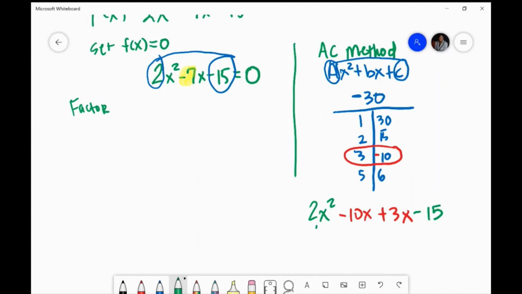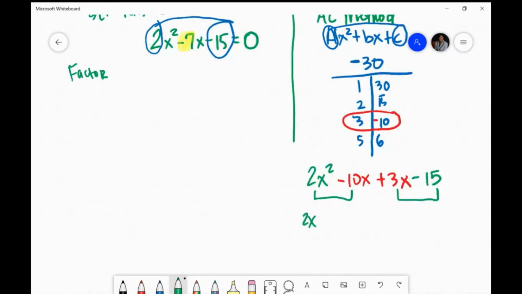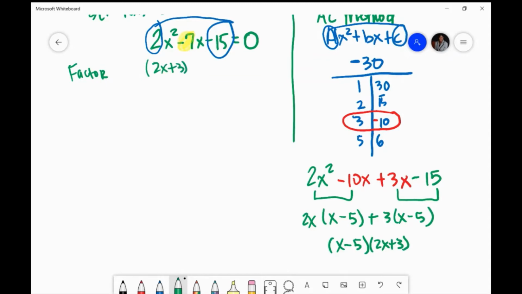All right, we factor by grouping when you have 4 terms. That's 2x times x minus 5 plus 3 times x minus 5, which is x minus 5 times 2x plus 3. So those are the factors, or 2x plus 3, same thing, times x minus 5.